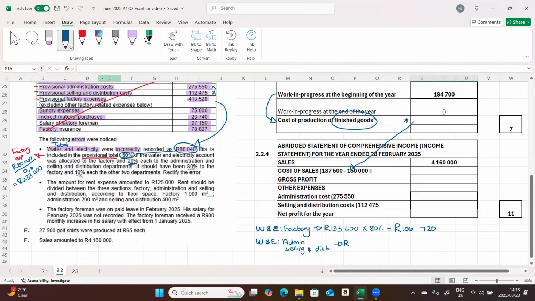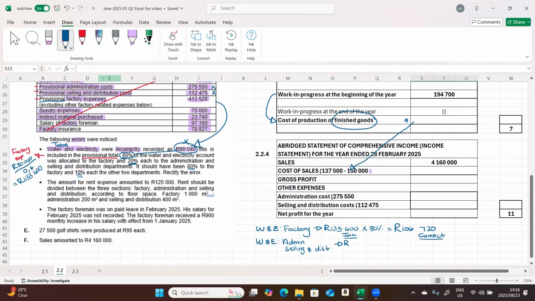They gave us the incorrect 80,000 for the factory, but they didn't give us the incorrect amount. They only gave us the percentages for the admin and for selling and distribution. So we have to go and calculate the incorrect amount and the correct amount, so that we can get the difference, which will be our adjustment amount.